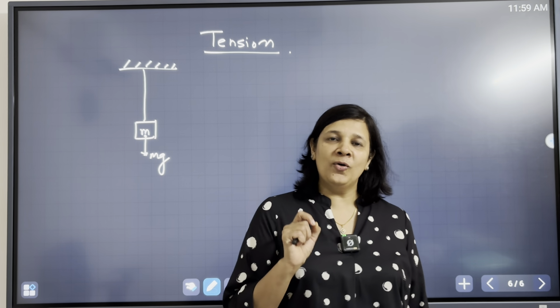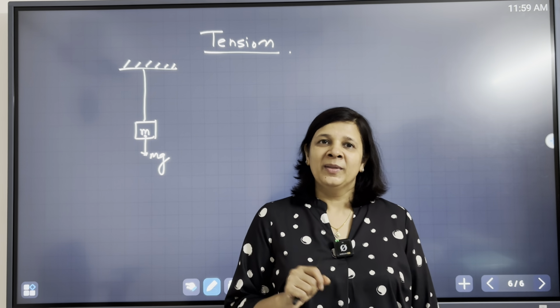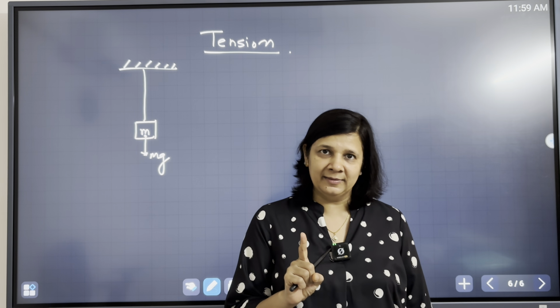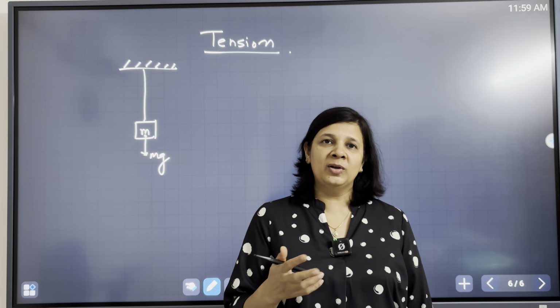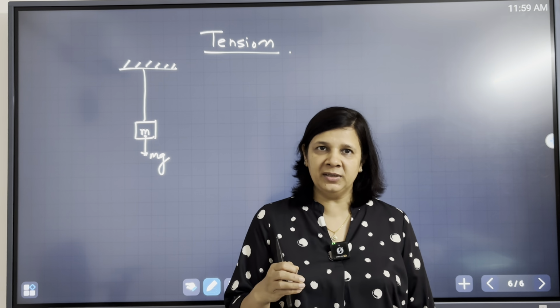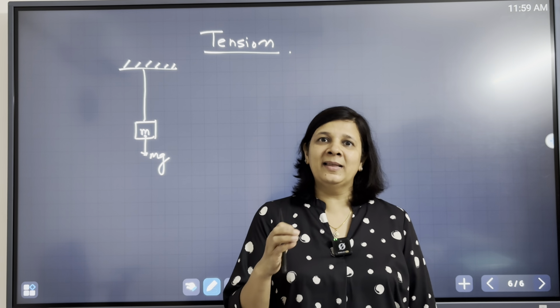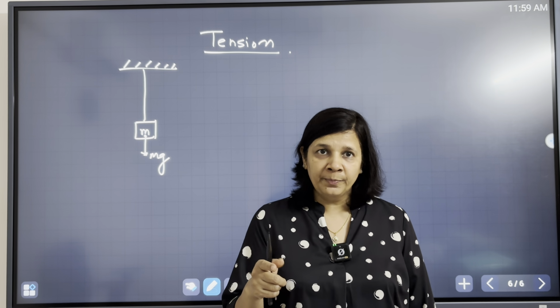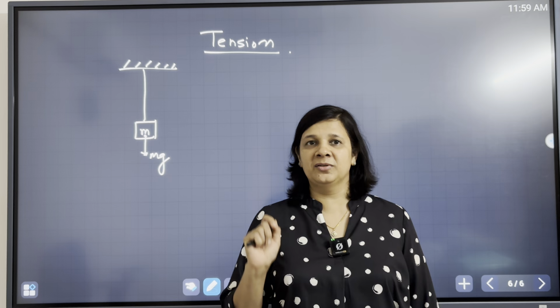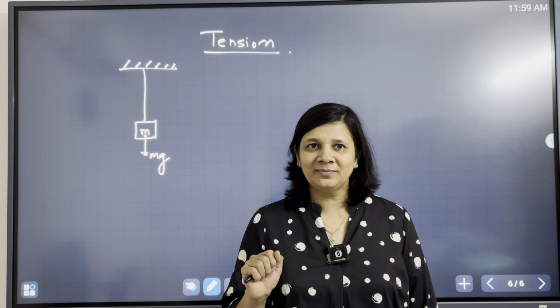But the obvious question is, if this object is at rest, then all the forces should balance each other because the net force is 0 on this object. It means there has to be another equal and opposite force balancing the gravitational force.